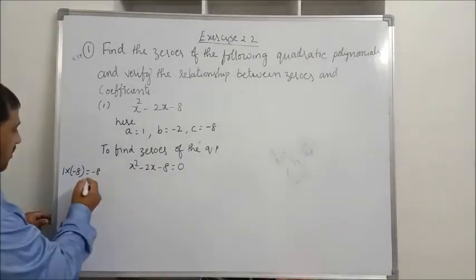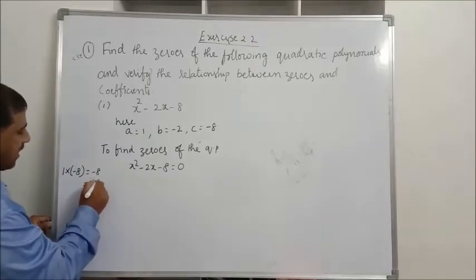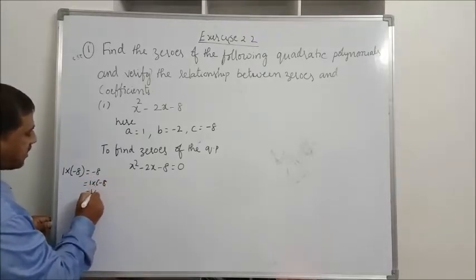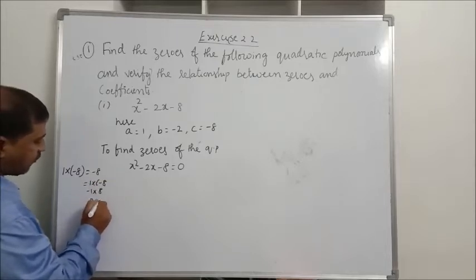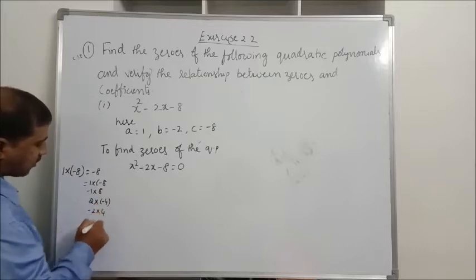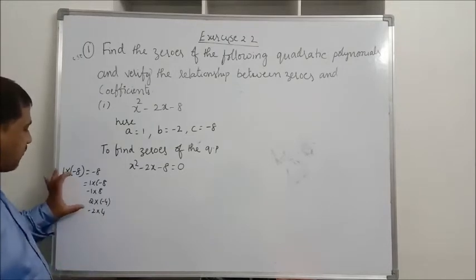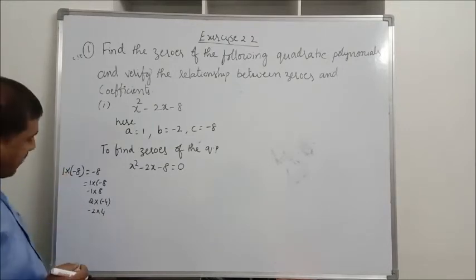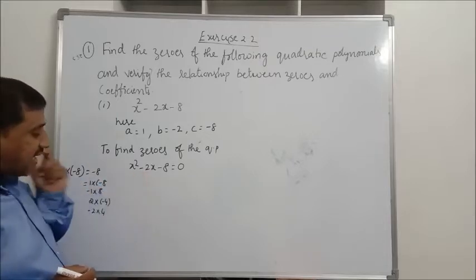Now we see the factors of minus 8. What can we write here? It is 1 into minus 8, or minus 1 into 8. Then 2 into 4, 2 into minus 4, or minus 2 into 4 also. Are there any other factors other than this? Only these four pairs of factors we get. Now identify which pair will satisfy the middle term minus 2.